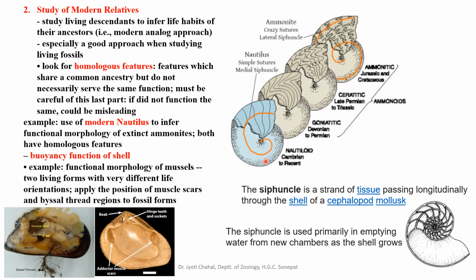So it has not changed even a little. This organism is still present, but in very small numbers, and by studying this Nautilus, we can determine the functional morphology of its extinct relatives or ancestors which have been fossilized, which are termed ammonites.